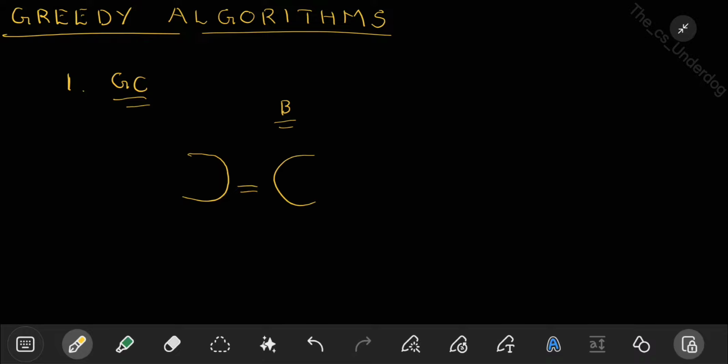So greedy choice property says choosing the best option at each step will finally lead to the best overall solution. Basically, this talks about the greediness. If you show greediness, you'll be able to succeed in solving this complete problem.